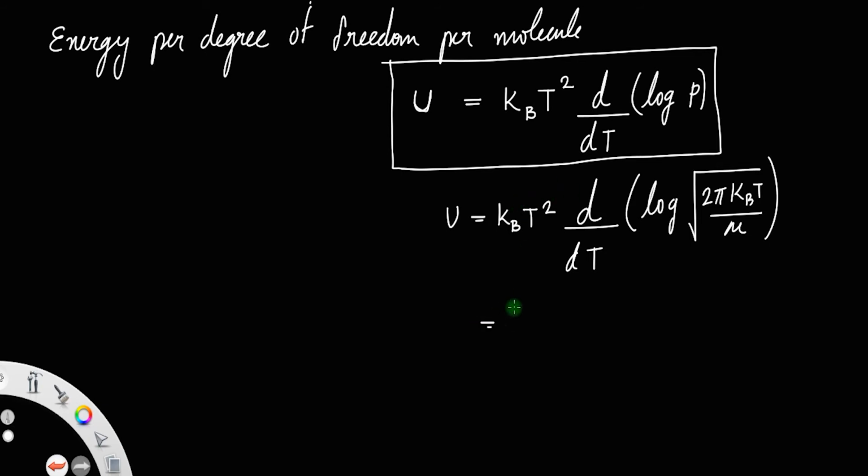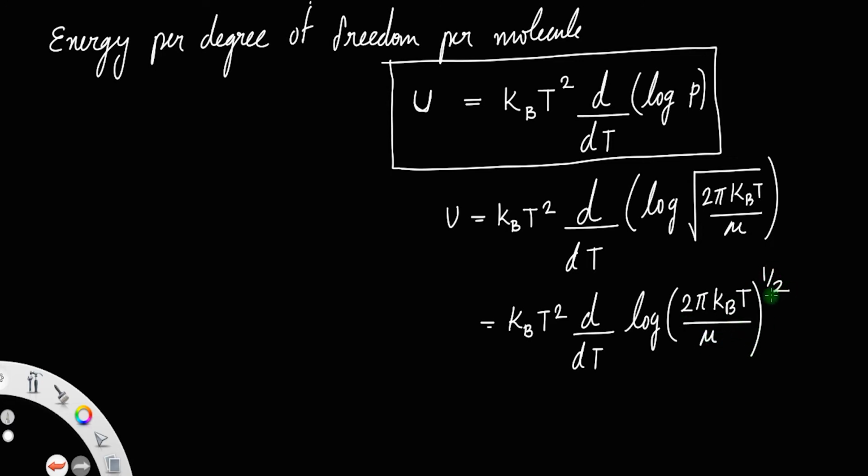You can remove the root and write the power as 1 by 2.